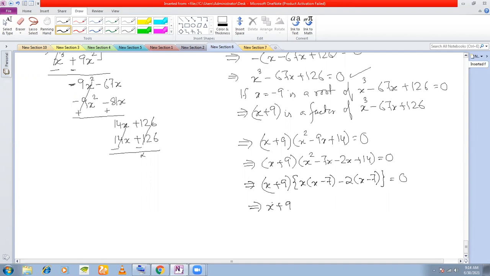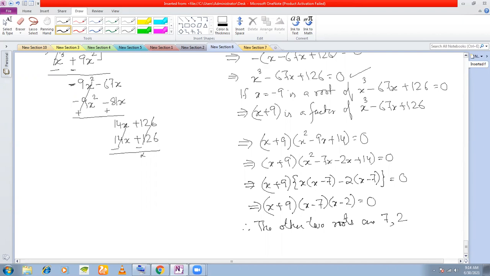That means x plus 9 into x minus 7 into x minus 2 is equal to 0. That means, therefore, what are the other two roots? The other two roots are plus 7 and plus 2.